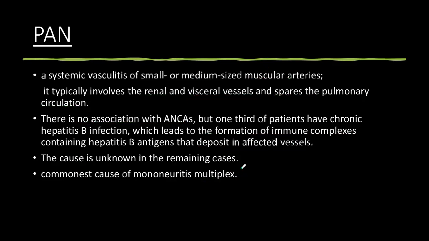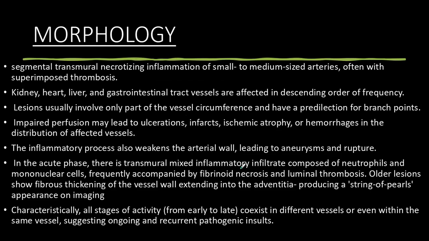Now, let's look at the morphology of polyarteritis nodosa. It is a segmental transmural necrotizing inflammation of small to medium-sized arteries, and this is often superimposed with thrombosis. So there is that transmural involvement: all three vessel wall layers are affected with this necrotizing inflammation, and there'll be a thrombus in the lumen.